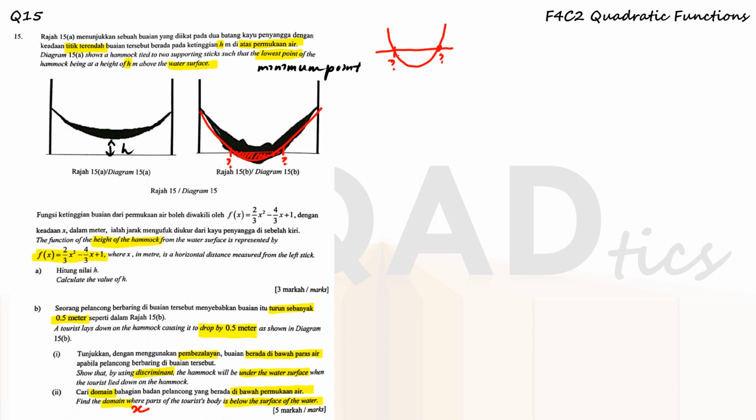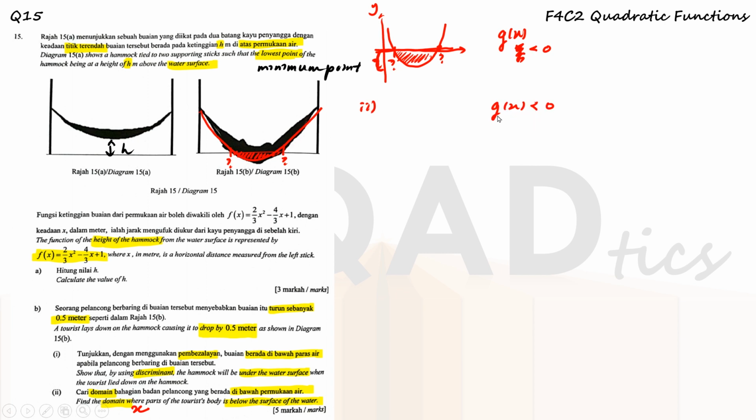Correct? And our x-axis is here, the y-axis is here. So these values all have a common thing, which is the y value is negative. Correct? Its y value is negative. So meaning we need to find the parts where it is y less than 0, or y we can replace it with the function which is g of x. So this is where we should start, g(x) less than 0.